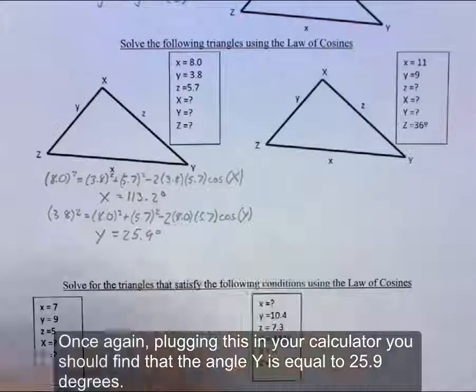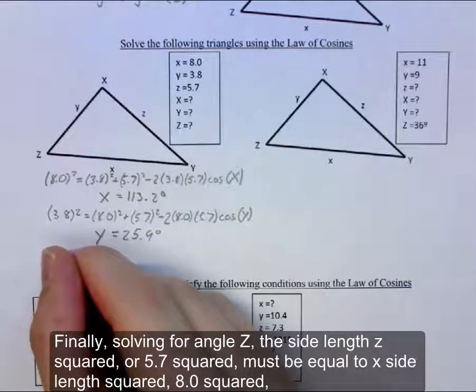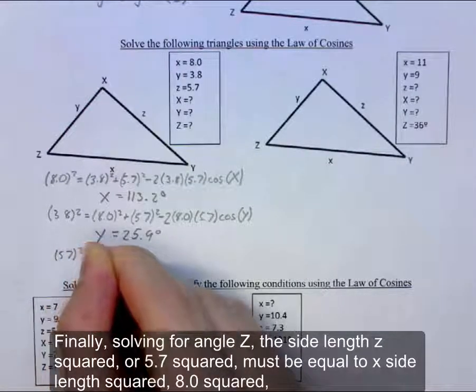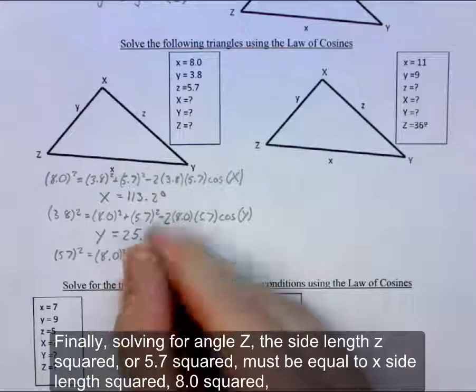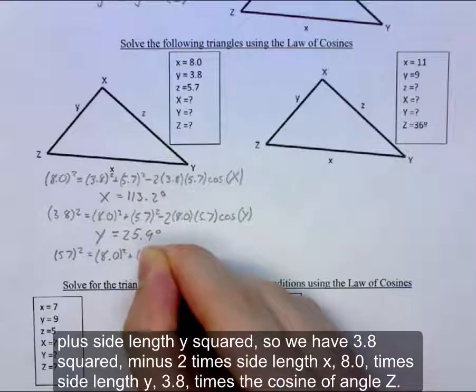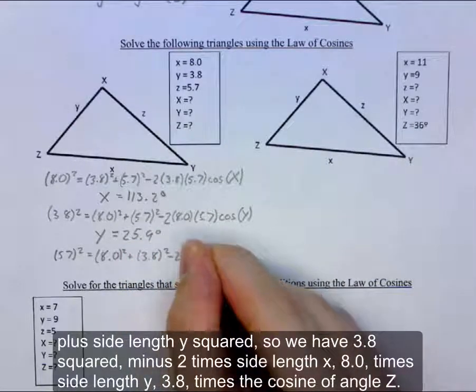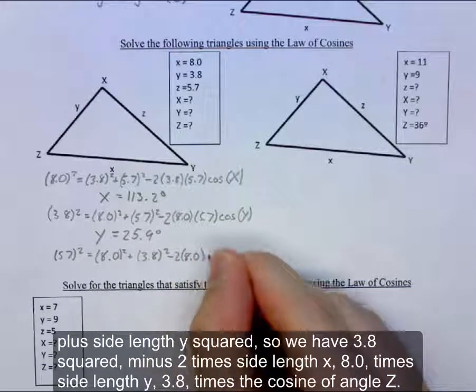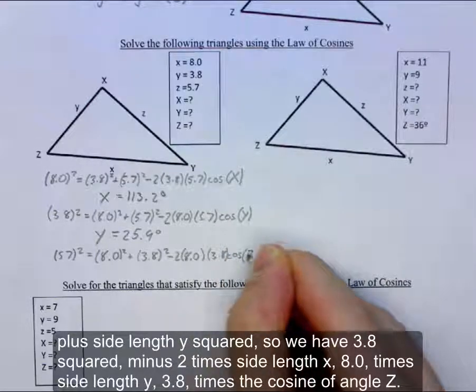25.9 degrees. Finally, solving for angle z, the side length z squared, or 5.7 squared, must be equal to side length x squared, 8.0 squared, plus side length y squared, so we have 3.8 squared, minus 2 times side length x, 8.0, times side length y, 3.8, times the cosine of angle z.